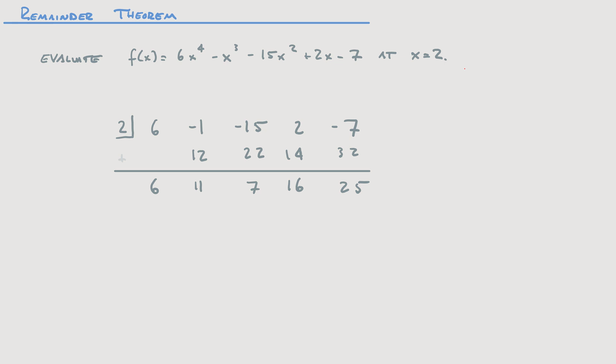Again, you can pause it here to check my math, but I just did the synthetic division, and again, I ended up with 25. So evaluating the function at 2, which is f of 2, gave me the same thing as synthetic division. Our remainder was the same thing as the evaluation of the function. So if you wanted to, you could always just evaluate by using synthetic division for polynomials. This is strictly for polynomials.